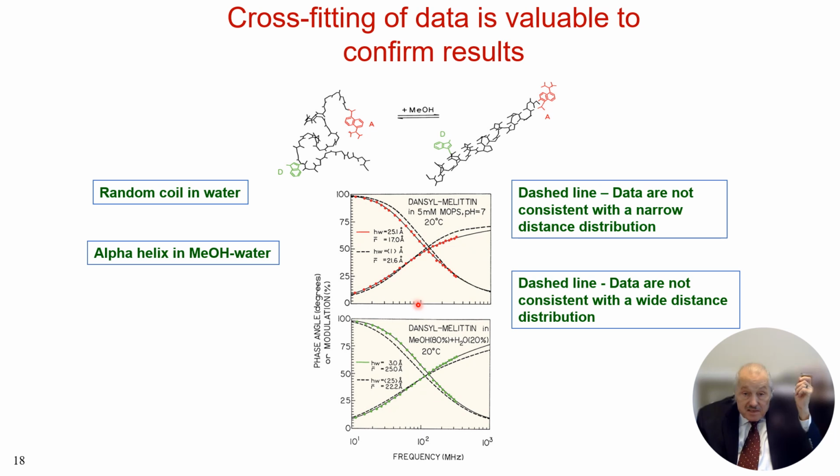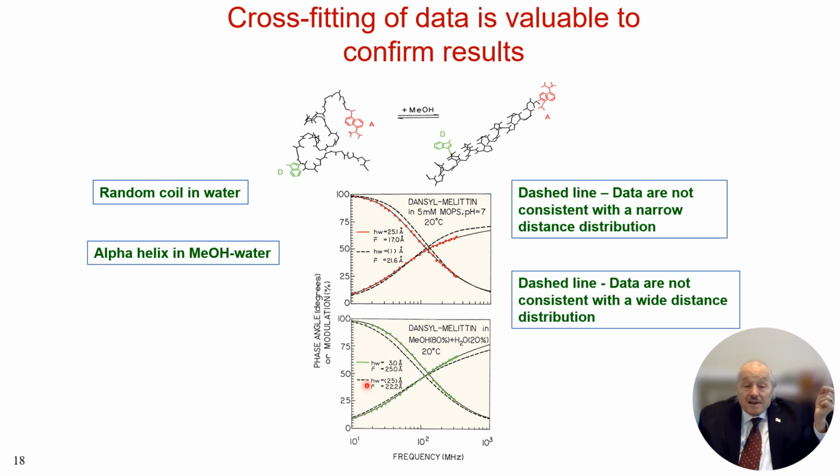So let's see which parameters we used here. It looks like these are the narrow, well, I'm not going to get bogged down and try to read this from a distance with my not so good eyesight. But we tried to fit the random distribution data with a narrow distribution, and it clearly didn't fit.